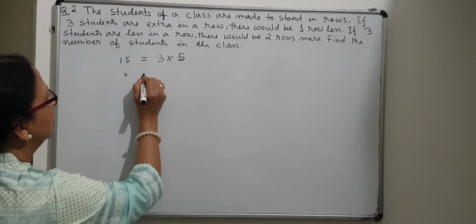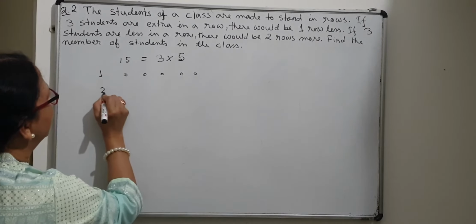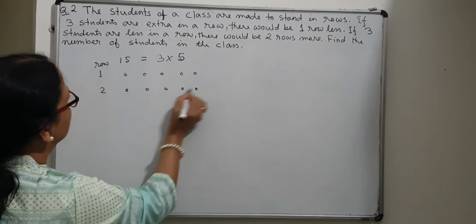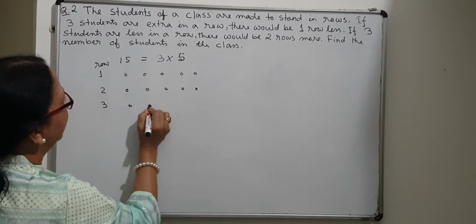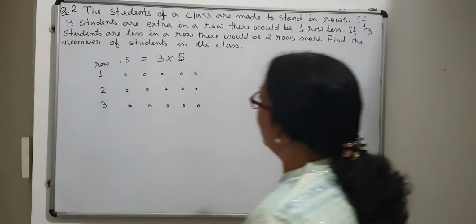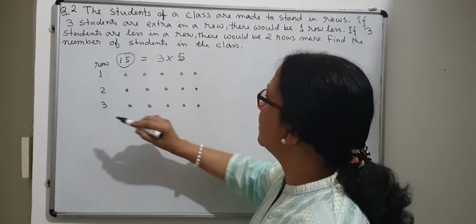So like this, 1 2 3 4 5. This is the first row, then row 2, then the third row, again 5 students. So that is the situation. So how are we getting the total number of students?